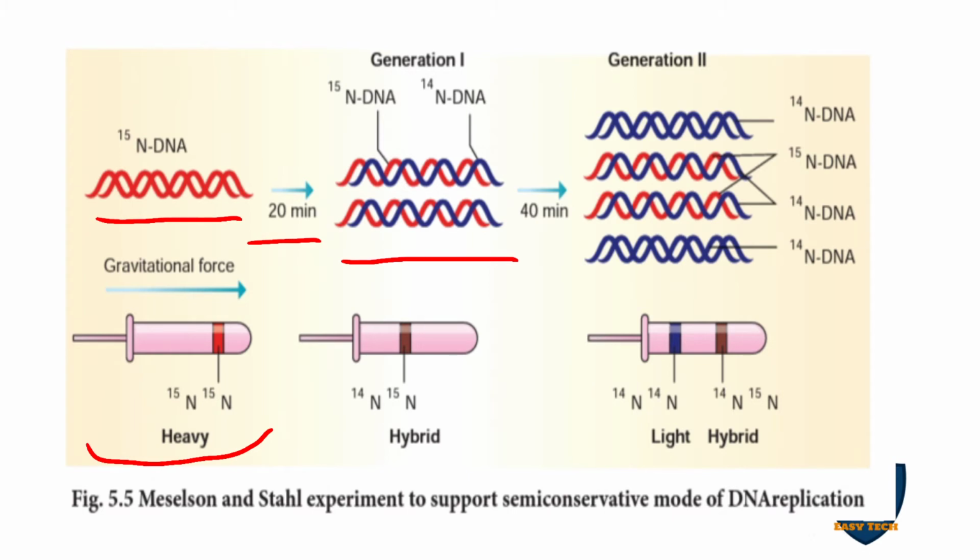So they were not satisfied with the result of what Watson and Crick had done. After 40 minutes, the hybrid contains N14 and N15 in only one band. But in the second generation, they got N14 separately, and N15 with N14 at the intermediate position.